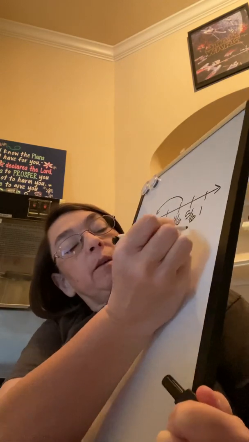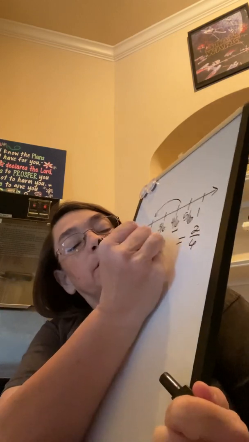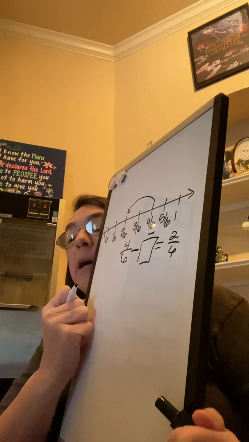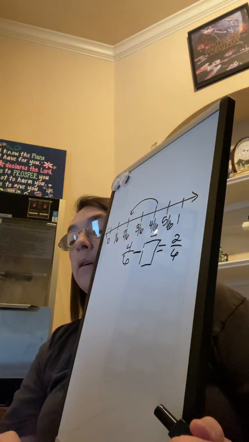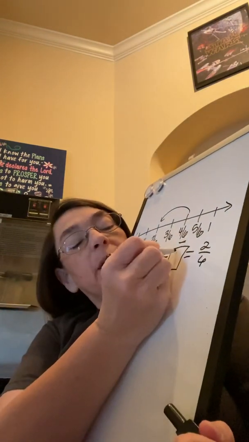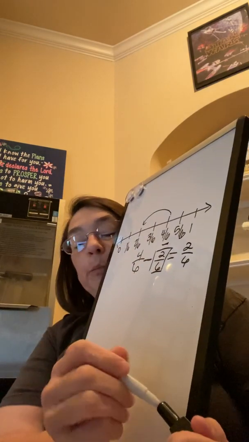I want to end where the arrow ends, which is 2 over 6. So 4 minus what gives me 2? 4 minus 2 gives me 2. And I go ahead and put it over 6.